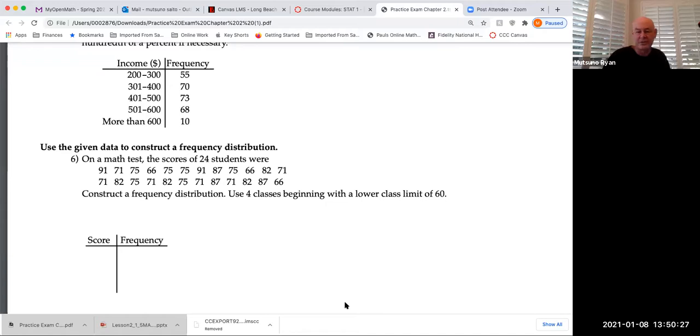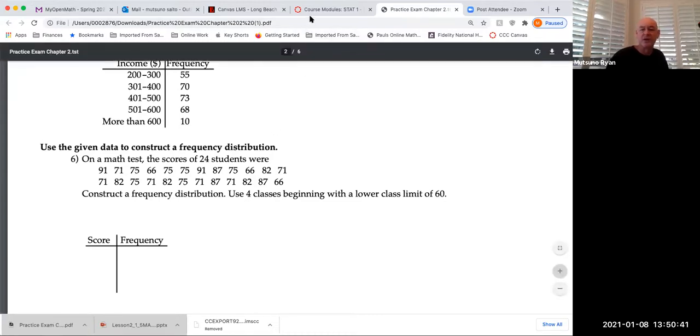I'm going to change this one slightly. Instead of 4 classes and starting with a lower limit of 60, I'm going to start with the way that I showed you guys, which is the smallest number first. I've already put these numbers into my calculator, and I want to remind you how you can sort them in order to make it easier for you to see them.